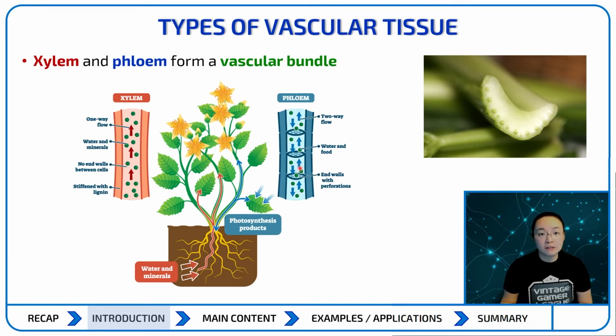So basically, you have leaves that produce photosynthesis products, and your phloem is going to be responsible for taking those products through a water transport system and transferring it up and down the plant's stalk or roots to different areas of the plant. So those are the two main differences between xylem and phloem, and we're going to go into a bit more detail about each.